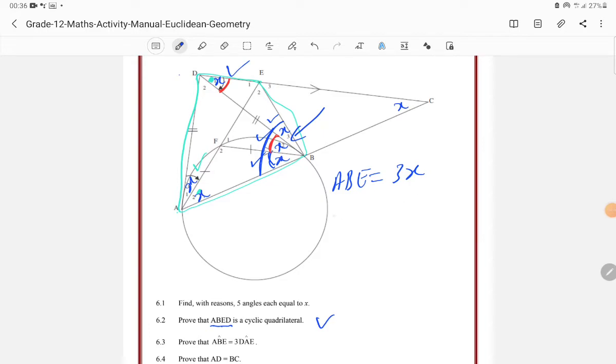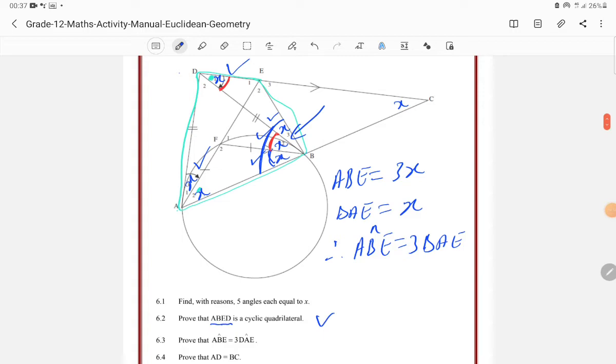And the angle DAE, which is this angle, is just equal to X. So really ABE is equal to 3 times DAE, because if DAE is X, then the whole angle is 3x.